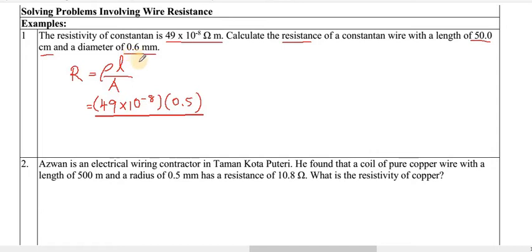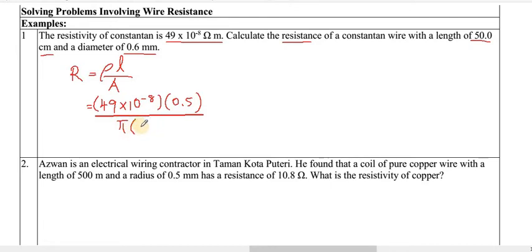From the diameter we can see that the radius is 0.3 millimeter. To calculate the cross-sectional area we use pi r square, where r is the radius.